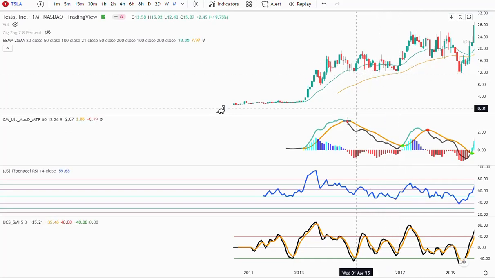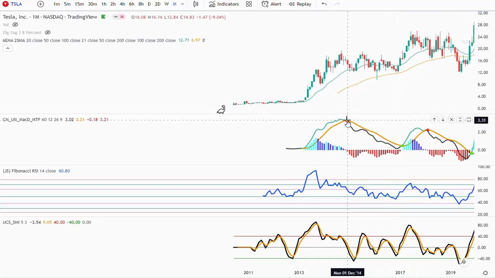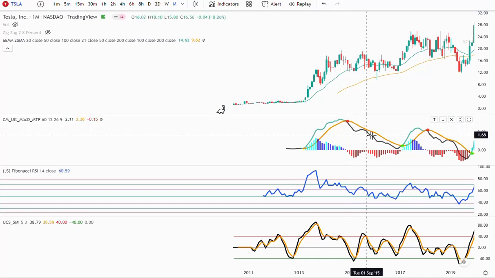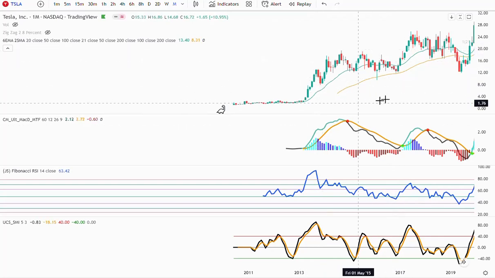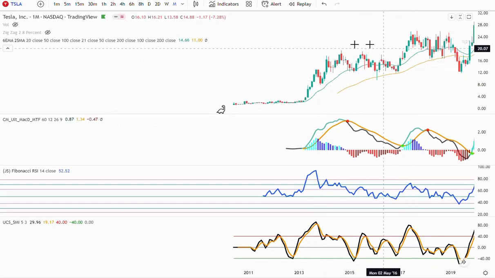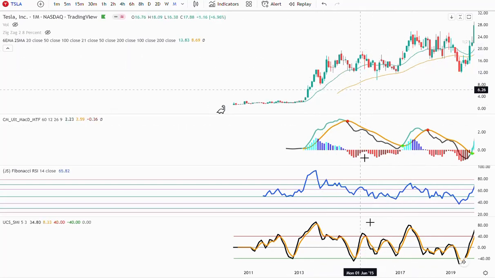What happened to MACD at that time? MACD was also well above the zero line. It pulled back and then it crossed near the zero line. So that's what the technical picture was during this phase, between 2014 and 2016.